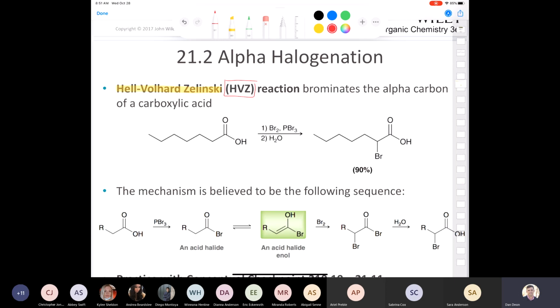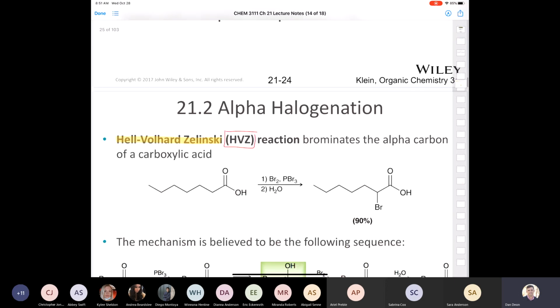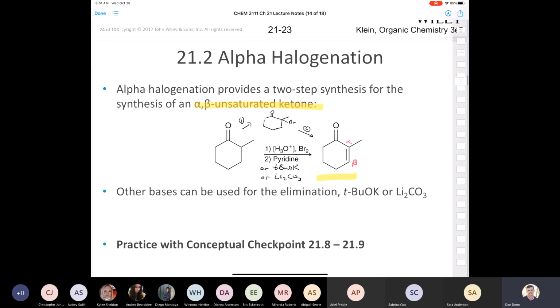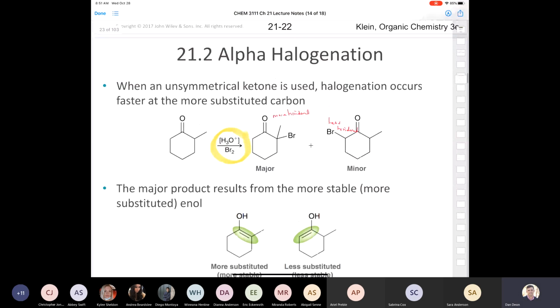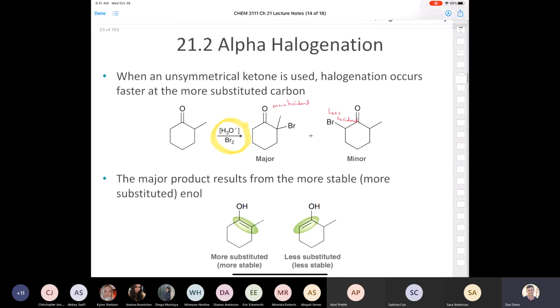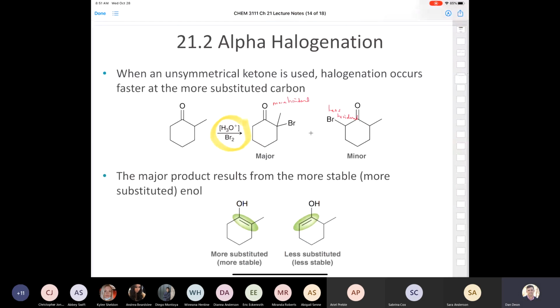The Hell-Volhard-Zelinsky reaction is a necessary reaction because if I back up, I didn't tell you this, but this reaction here, alpha halogenation, doesn't work on a carboxylic acid. So we could even write that in here. Why don't we just scribble that down?